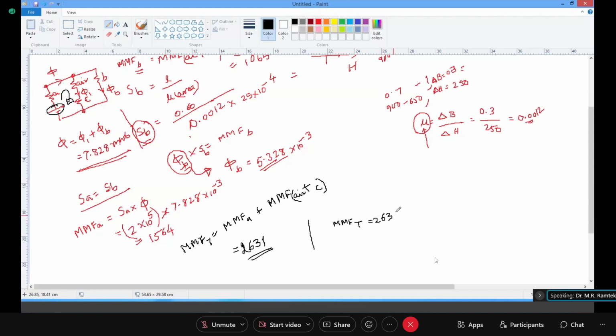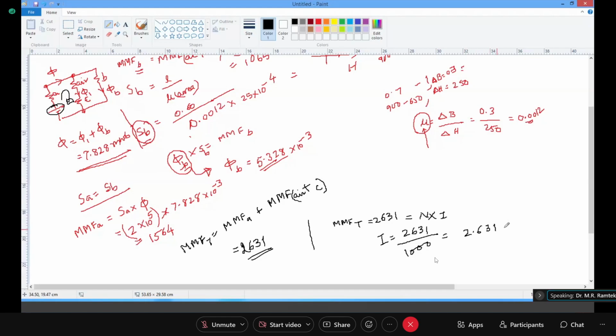And this is equal to N into I. So now you have 1000 turns, I think. Am I right? Yes, sir. 2631 upon 1000. So how much current do you require?